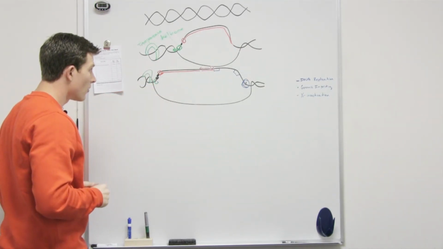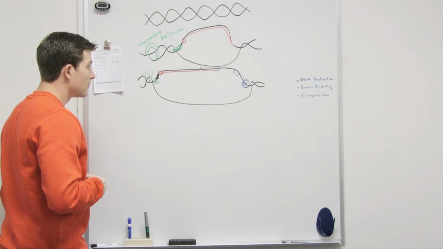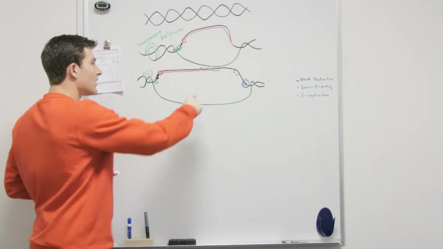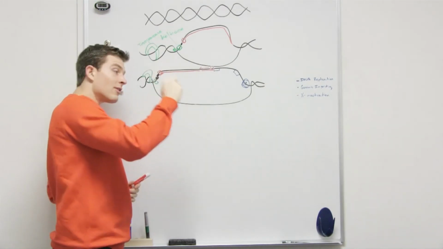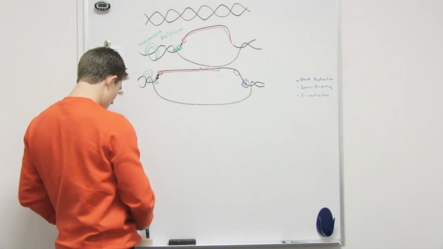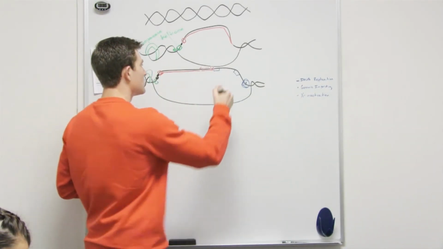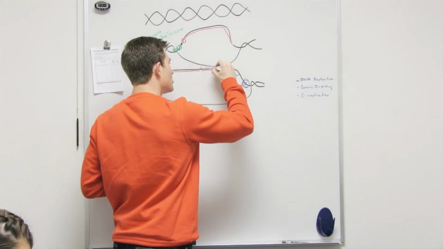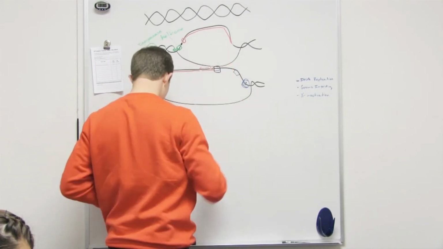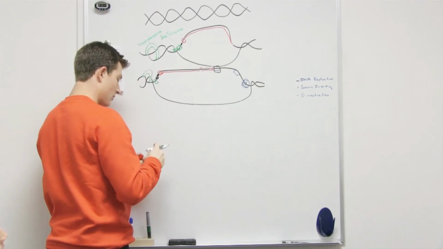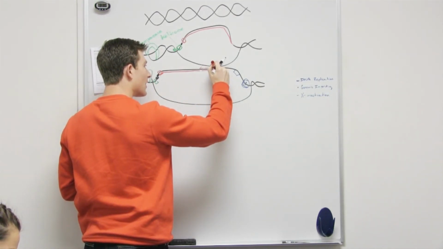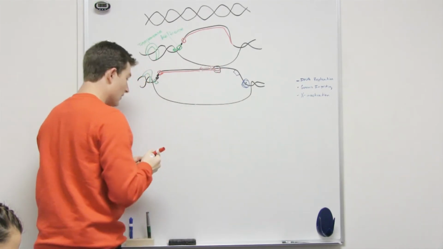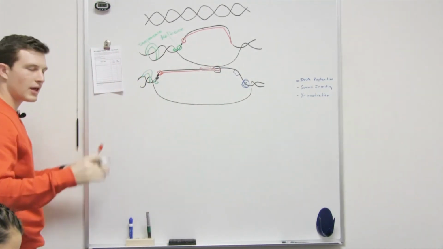So now what will happen is you will get DNA polymerase 1, and he will come in. He comes in and he changes this blue one, or the RNA, into DNA. And then he will go off and be happy.